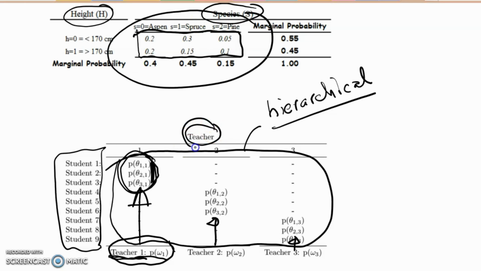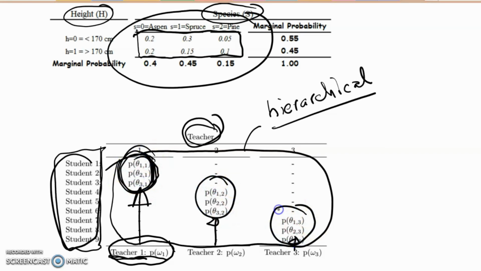So we don't need to consider every possible combination of student and teacher. We can think of the ability, the skill of the student conditional upon their teacher.